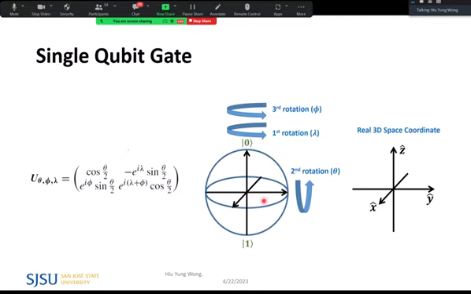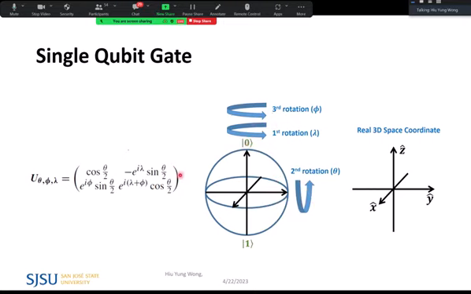So what is a quantum gate again? It's the rotation of the vector on the Bloch sphere for a single qubit, in its Hilbert space. Basically, we can use something called Euler rotation to make it systematic. You can rotate it 3 times, first about the z-axis, then about the y-axis, and then about the z-axis again, for different angles.